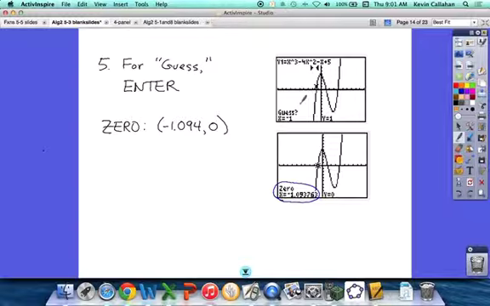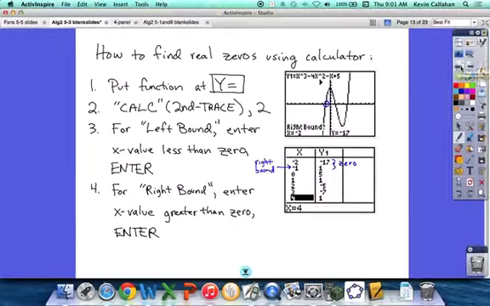Just hit enter and see what you get. It should have done this thing here. The cursor should have gone right to the zero. And it says it right there, zero, x equals, and of course it's on the x-axis, y equals 0. Yeah. Okay. If you want to copy that.